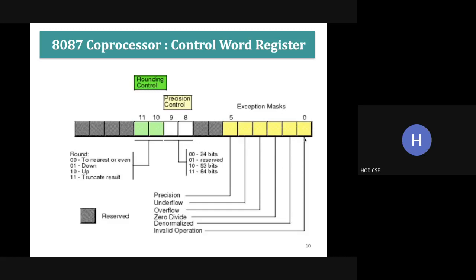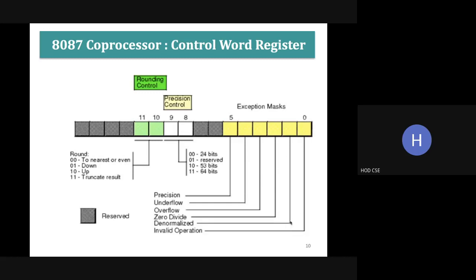Here we have the 0th bit representing the invalid operation. The next one is the denormalized operand, then divide by 0, then overflow, then underflow, and then precision control. If any of these bits is 0, it will accept that type of error.